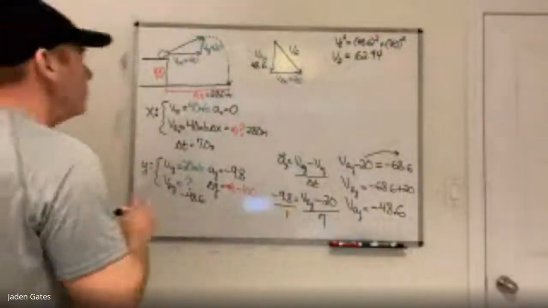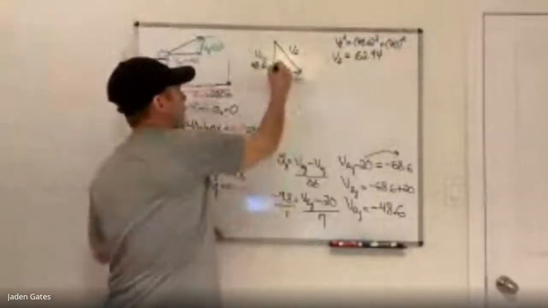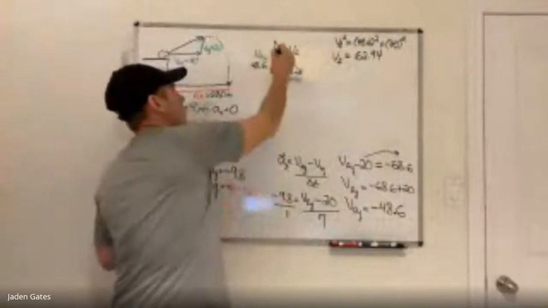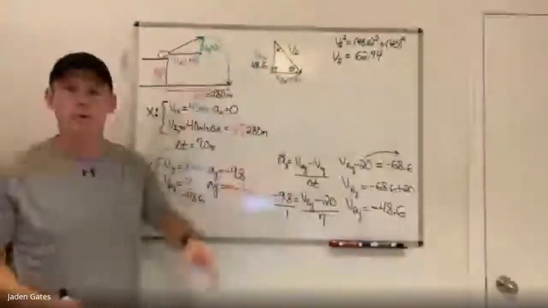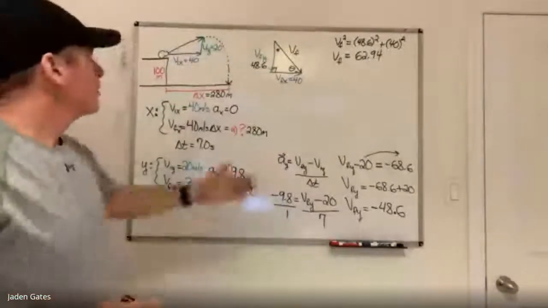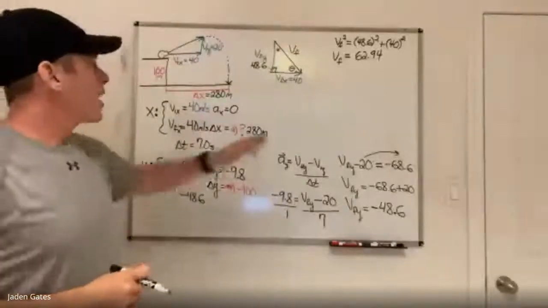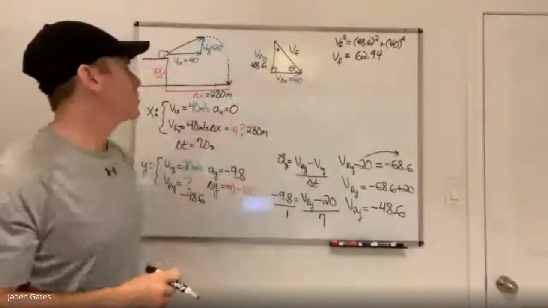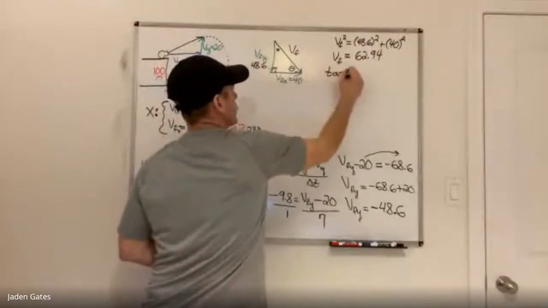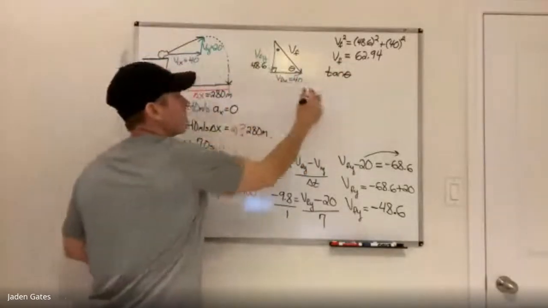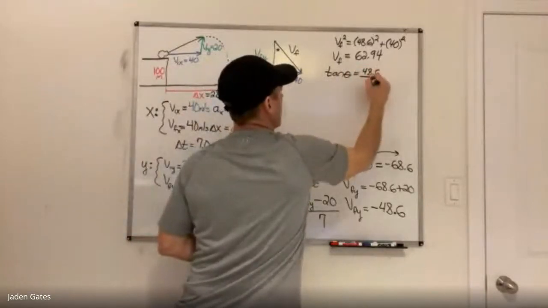Now, what angle am I looking for? This is a right angle here, so that's not going to be the one. I'm either looking up here or down here. This blue line refers to the ground. The green line doesn't really refer to anything physical. So I'm going to find theta using trig, where tan theta equals the opposite over the adjacent, 48.6 over 40.